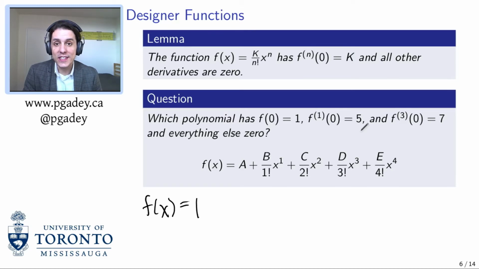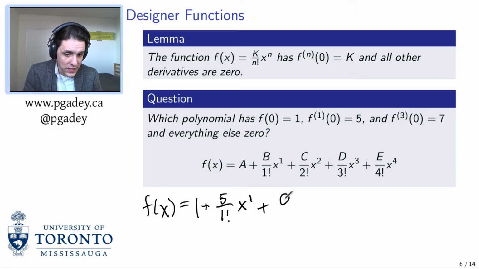Now using this designer function, we're going to say that our first derivative should be 5. We don't know anything about the second derivative, except that it ought to be 0. Our third derivative should be 7.